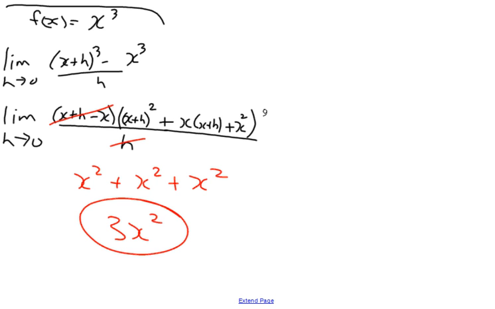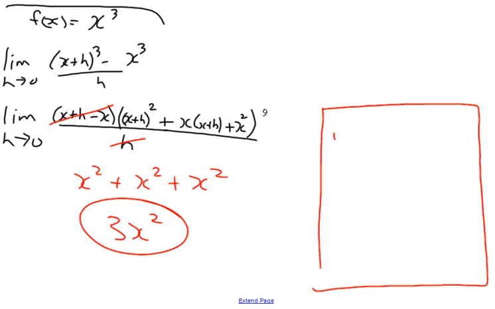All right, so let's summarize. If y was x, or x to the first power, y prime was 1. If y was x squared, y prime was 2x.